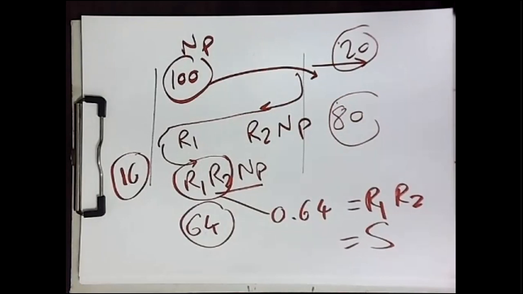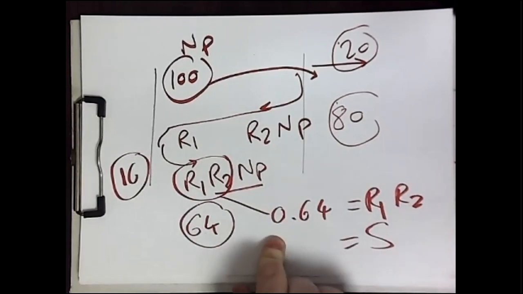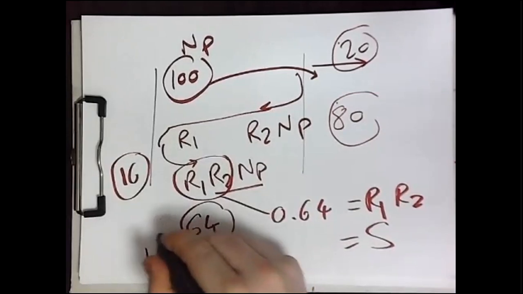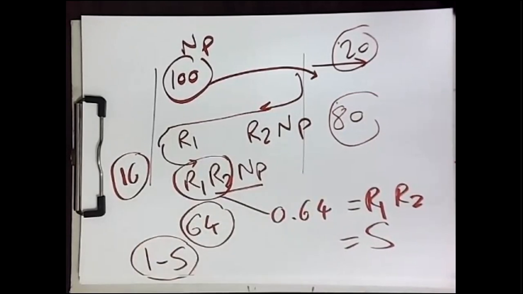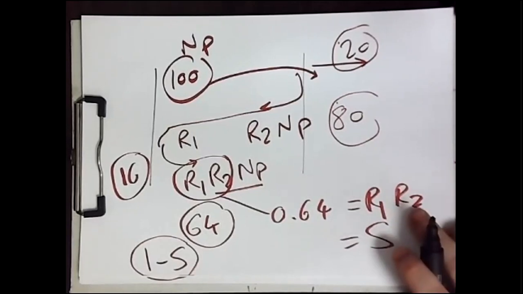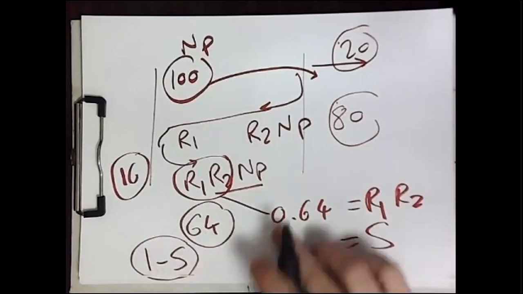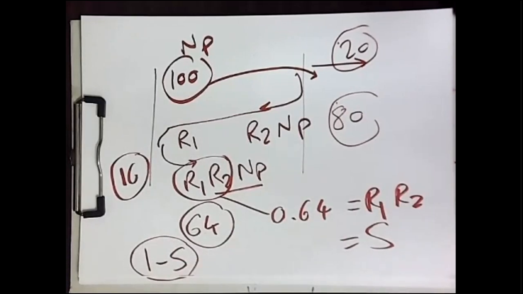Okay, so perfect. Then if we have S percentage surviving, then we have 1 minus S escaping. Simply, if we have 64% surviving, then we have 36% escaping, which is 1 minus 0.64.